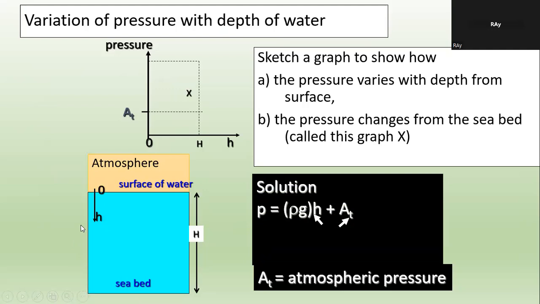Pressure at a depth H is H rho G plus the atmospheric pressure. Then we compare to the equation of a straight line. H compared to X, atmospheric pressure compared to C, so M equals the gradient.